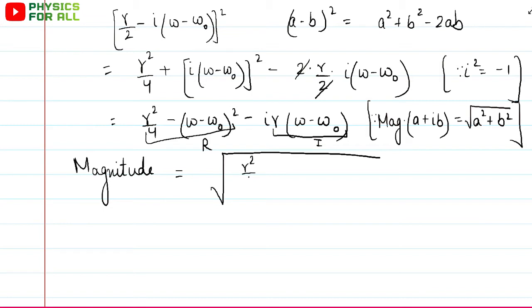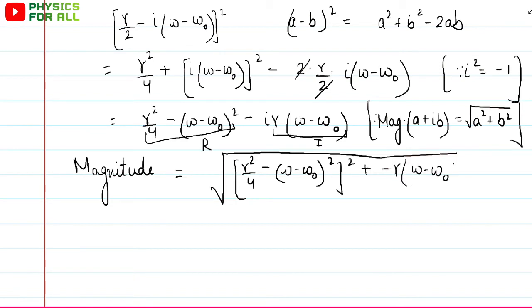Gamma square by 4 minus (omega minus omega naught) whole square, since this is the real part and we have to square it, plus now the imaginary part. You can also bring the minus sign, that won't make much difference because the square of a minus is again a positive number. So just square it.